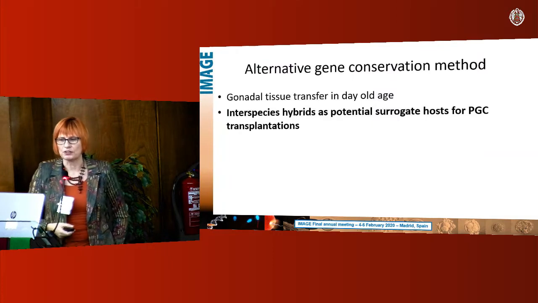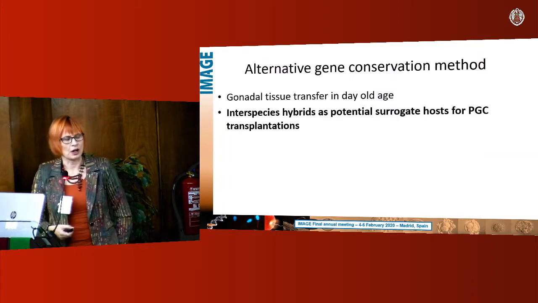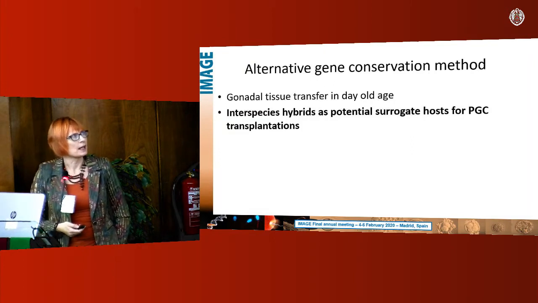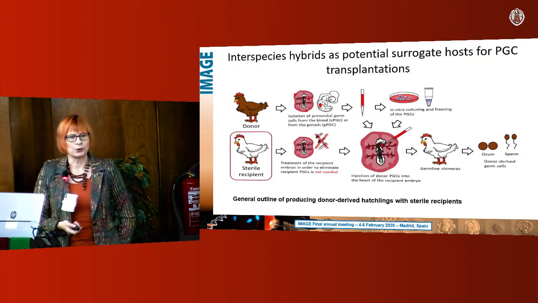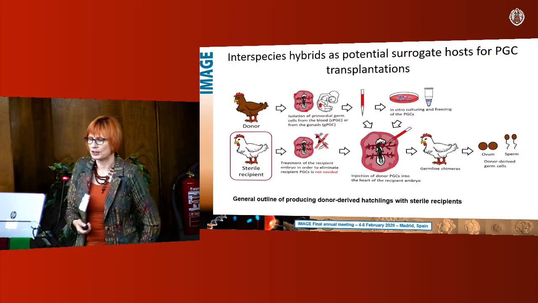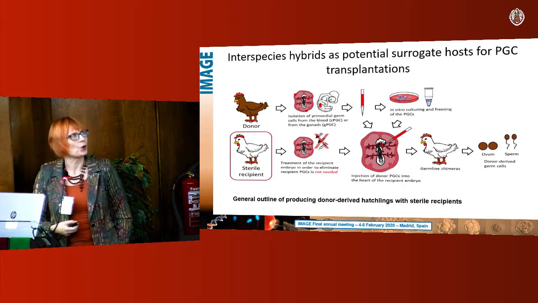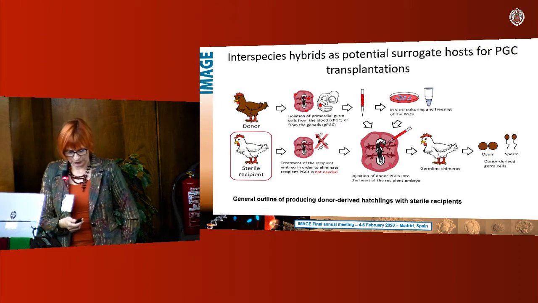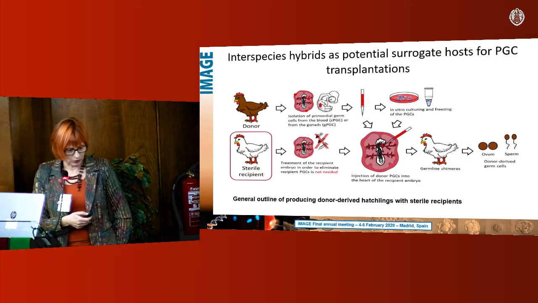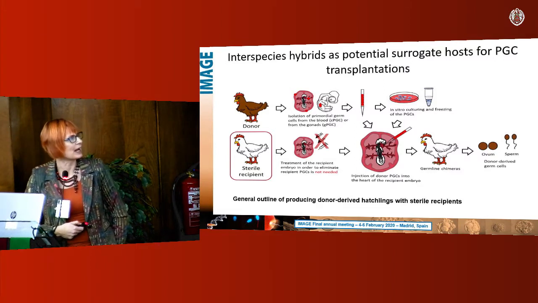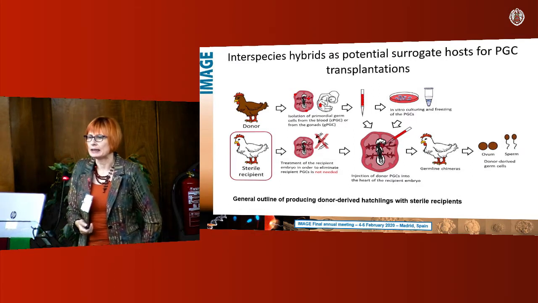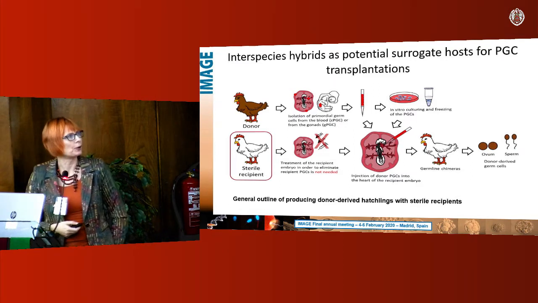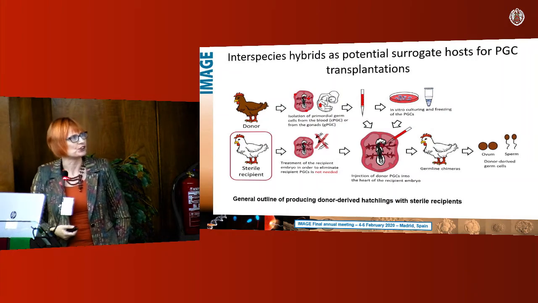And in parallel, we worked on our other idea to create an interspecies hybrid as a potential surrogate host for PGCs. Mike McGrew and his team in the previous presentations showed the role of the PGCs in gene conservation. So if we create a sterile recipient, the benefit is that there is no need for any treatment against the recipient's own PGCs.